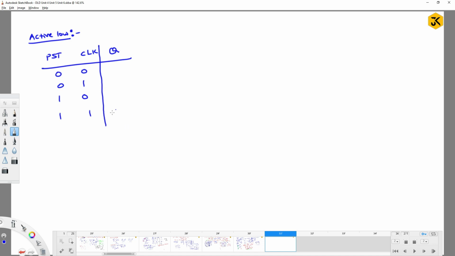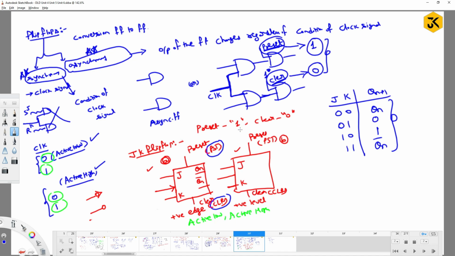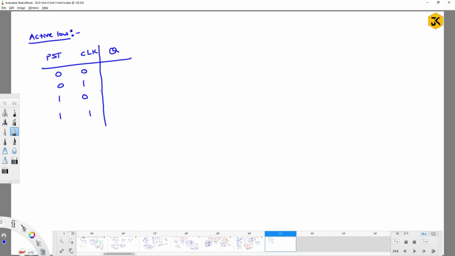See, the point is, as these asynchronous flip-flops produce the output independently, irrespective of the clock signal, that is what I am trying to say. So that's the reason we are not going to look into the clock signal, right? When you have 0 0, we'll see what will happen at a later point of time.